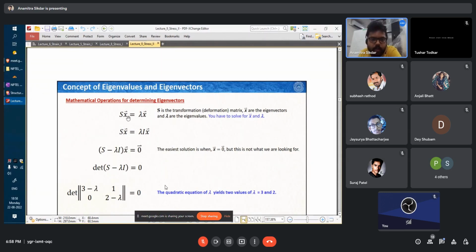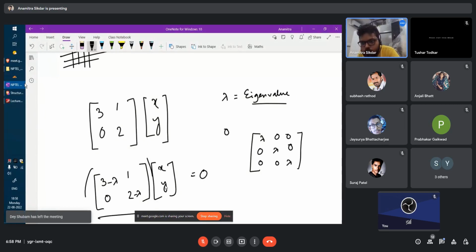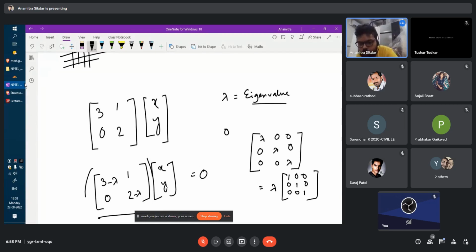Lambda times x is equal to s, that is the previous matrix, or deformation matrix, right? So the structure of lambda is somewhat like this. This can be represented as lambda times this, so the unit matrix times lambda.